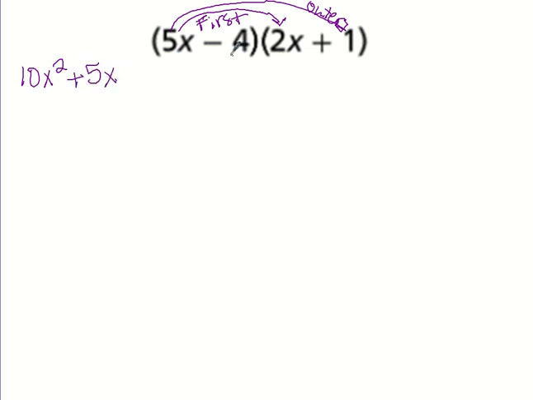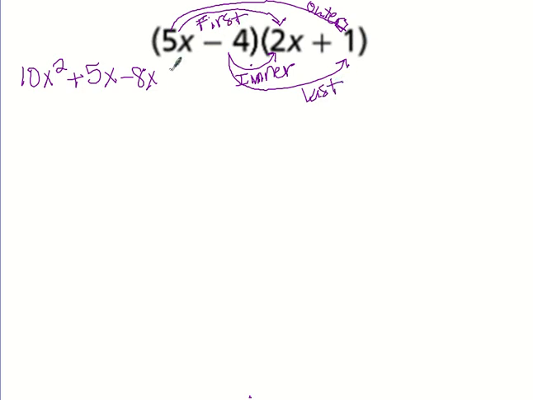So then we do what's called inner. Because these are both the inside ones. And so we get minus 8x, because it's negative 4 and positive 2. And then we say last, because it's the last one of each binomial.